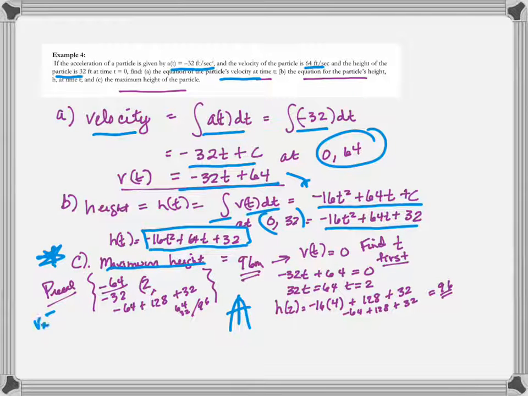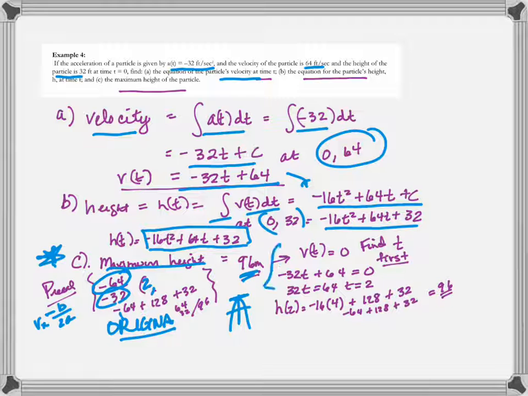The x of the vertex is the opposite of b over 2a. So if you have it in standard form, that would be negative 64 over 2 times negative 16. So you end up with 2 as the time that the maximum happens, and then you put 2 back into the original function to get the maximum height. Okay, and so you get 96 that way.